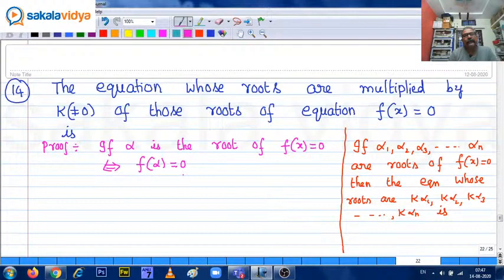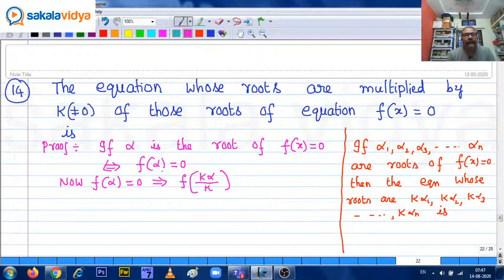That means f of alpha equal to 0 means we can say that alpha is the root of f of x equal to 0. Now this f of alpha equal to 0, I will write like this: f of k alpha by k, we can write it. That means each root will be k alpha.